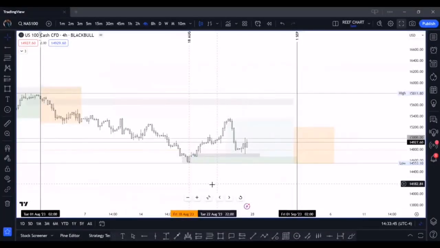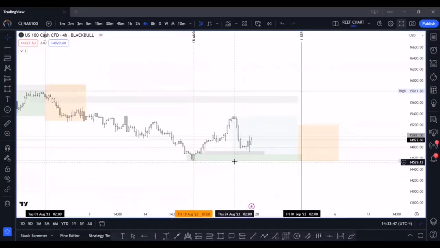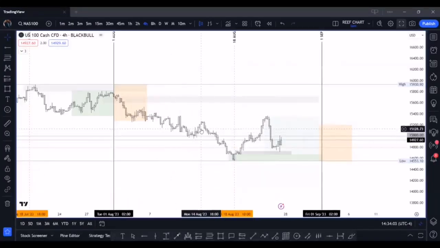Okay, and I basically want us to take a deeper dive in terms of what we see the market doing on particular days, which is very interesting.